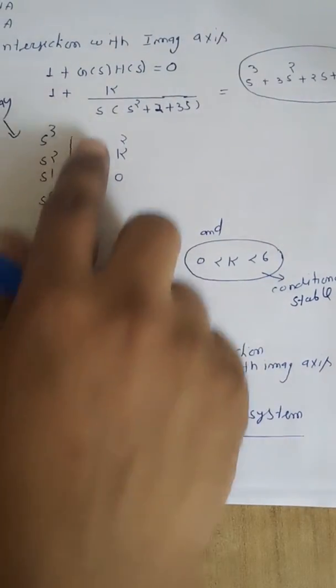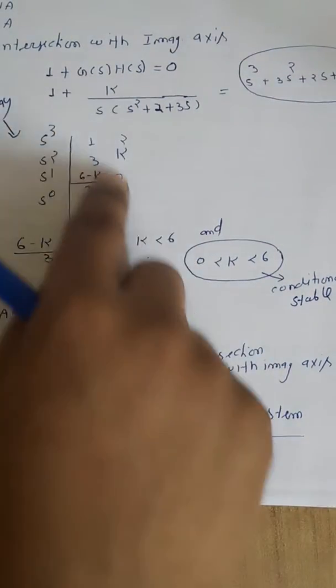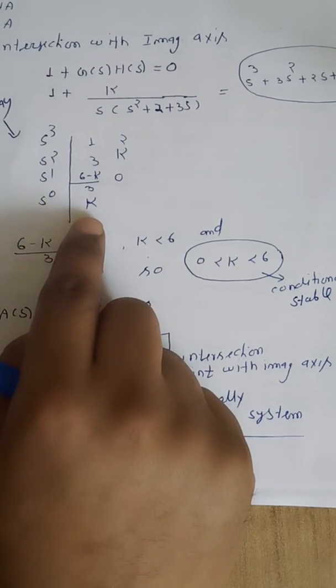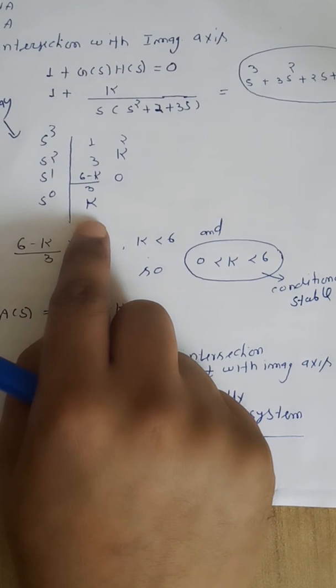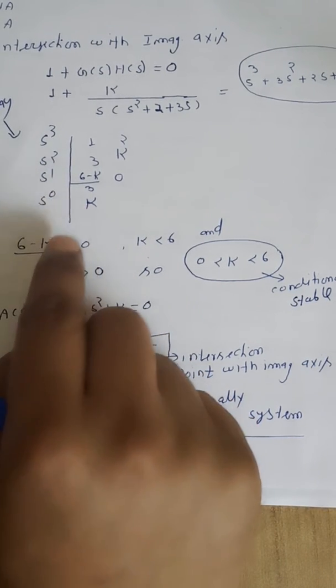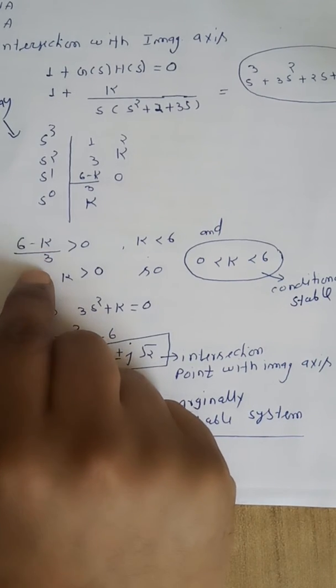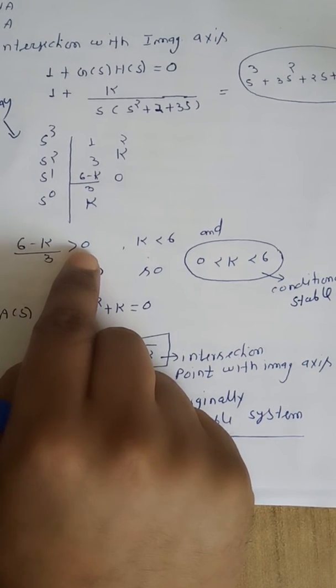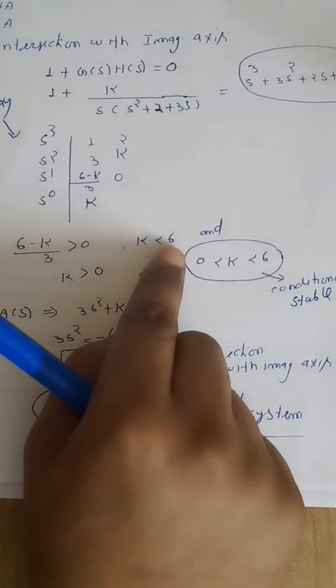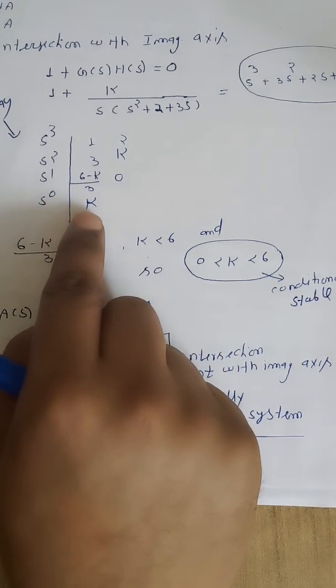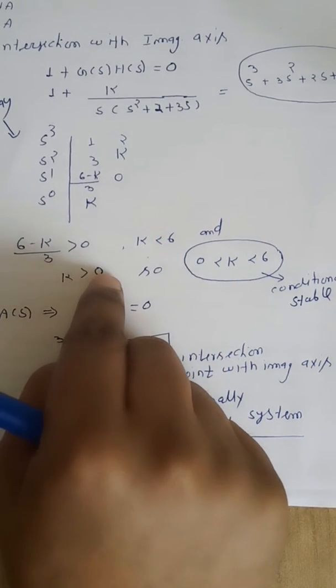So for a stable system, there must be the same sign for all elements. So we can say for a stable system (6 minus k) over 3 must be greater than 0. So we have k less than 6 and k must be greater than 0.